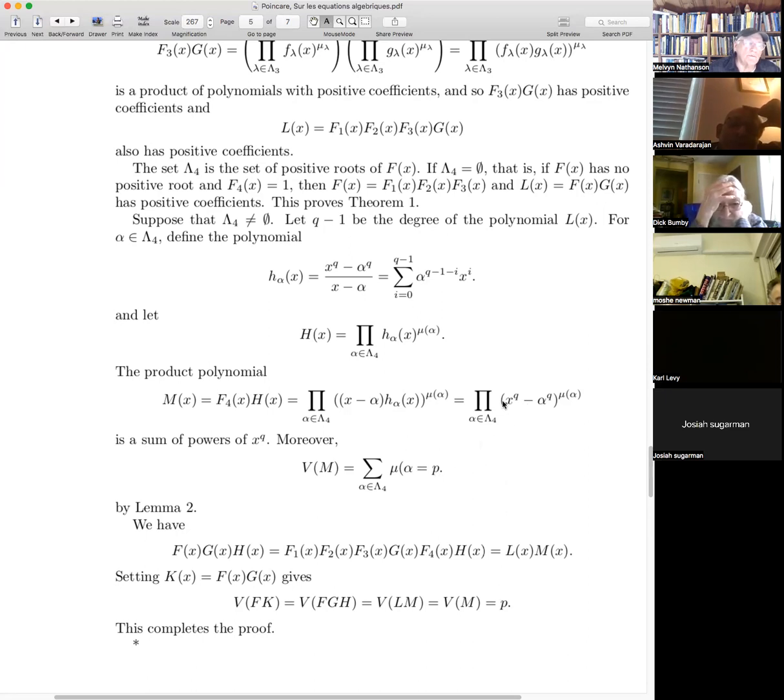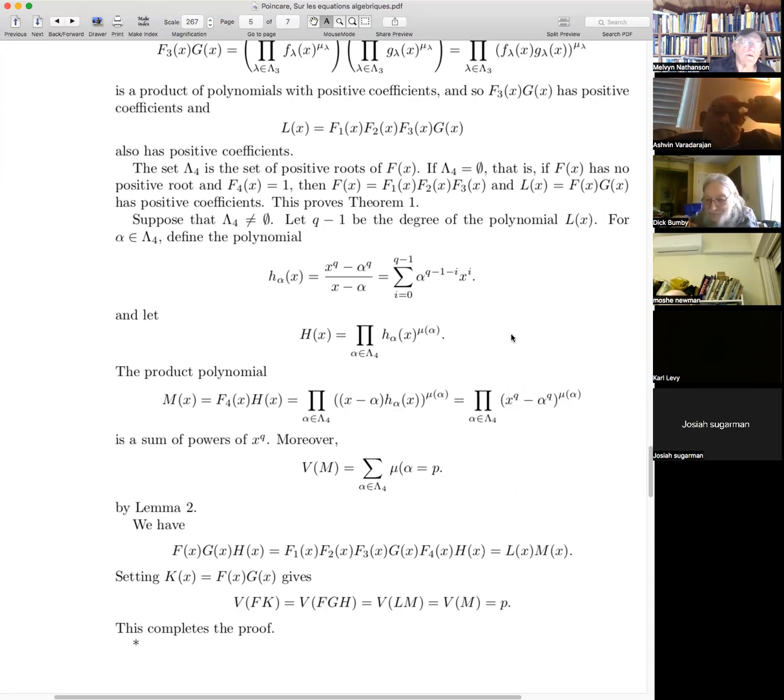What happens when you multiply this polynomial by L? L has degree at most q minus 1. So whenever you have a term like x to the 3q times L, you're going to get a series of terms with increasing powers of x, and the coefficients will be what was originally the coefficient of the power of x to the q times a coefficient of L, but those are all positive.